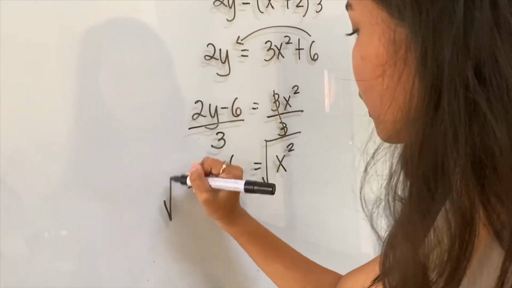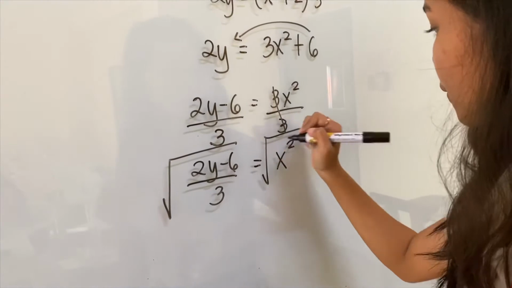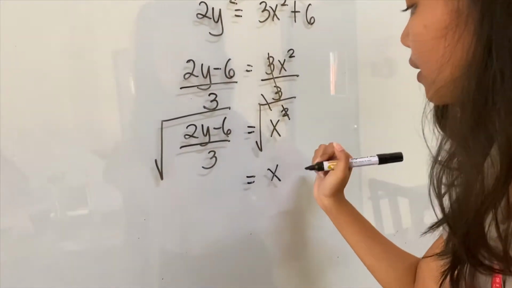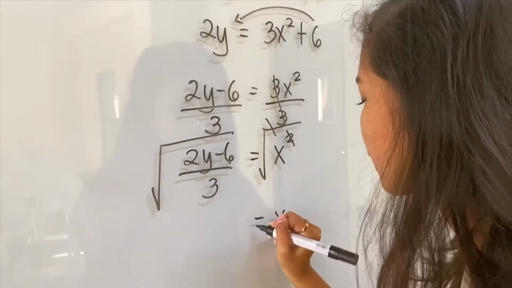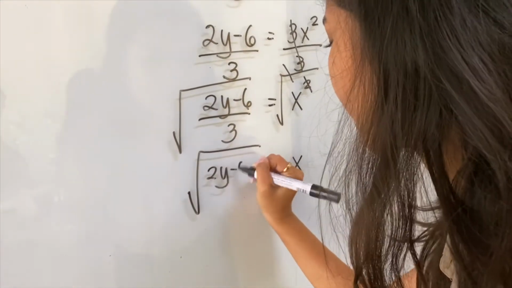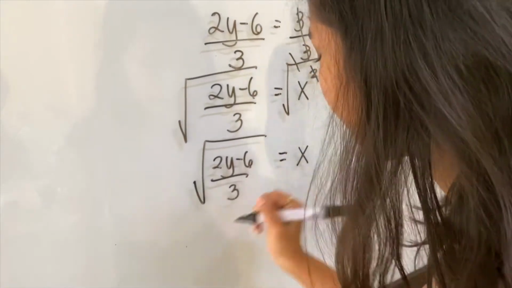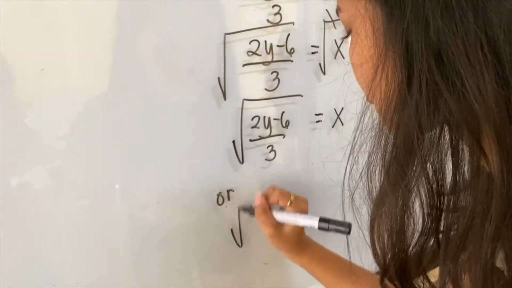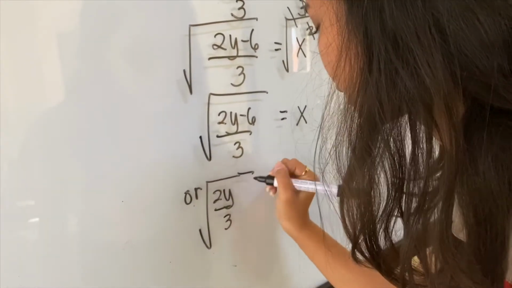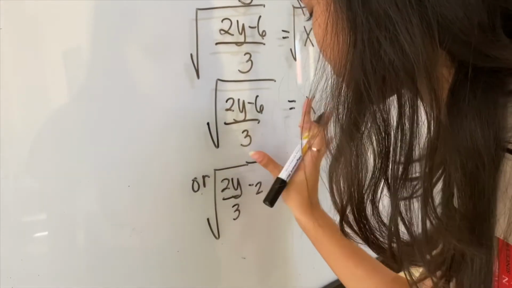Square root both sides, we will cancel the square here. So x is equal to the square root of 2y minus 6 all over 3, or the square root of 2y over 3 minus 2.